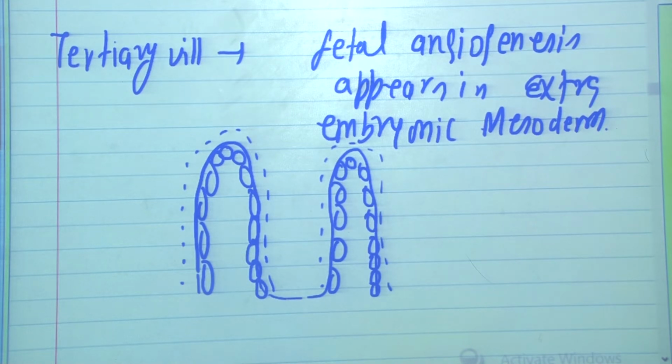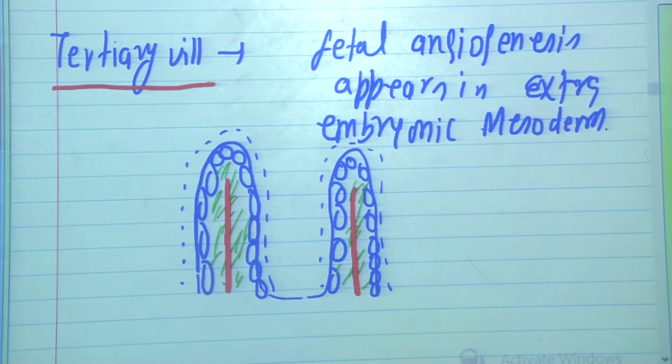Cytotrophoblast forms a new tissue that is known as the extra embryonic mesoderm. This extra embryonic mesoderm is pierced by fetal blood capillaries. So, this is the tertiary villi.